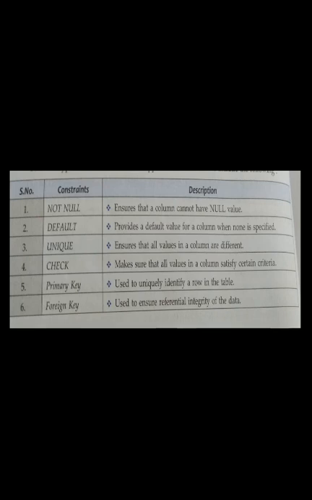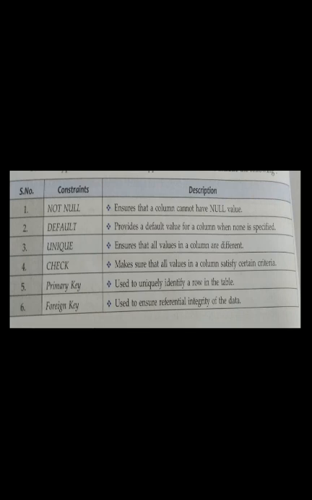The default constraint tells that some default value is provided in that particular field. If no value is provided, then that value is taken up. Unique constraint. Unique means you want to provide a unique value to that particular field, like for student ID.